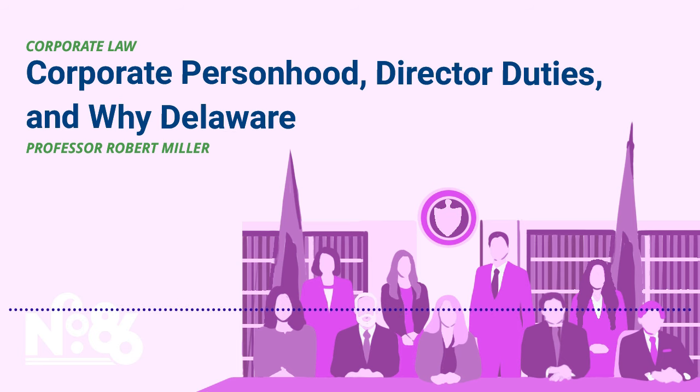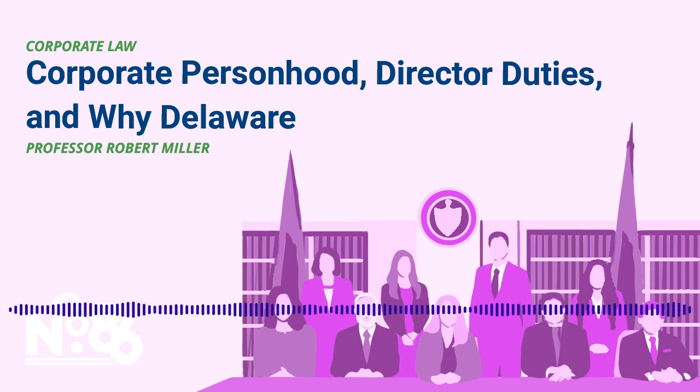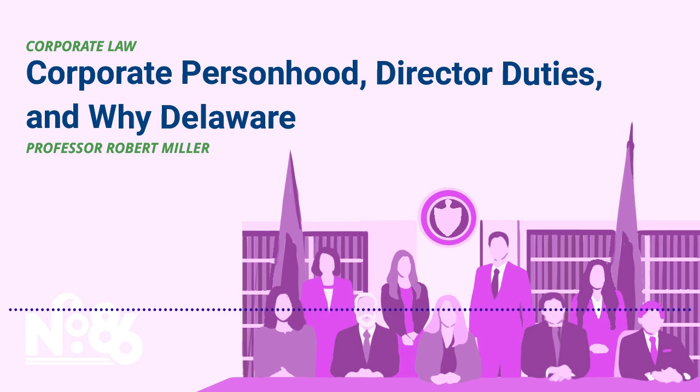These rules, off-the-rack rules of organization of a corporation, are designed really for the public corporation, the type of corporations like ExxonMobil or Google or Facebook or JP Morgan Chase that are publicly traded corporations where there are huge numbers of shareholders and a board of directors and officers that run the operations.